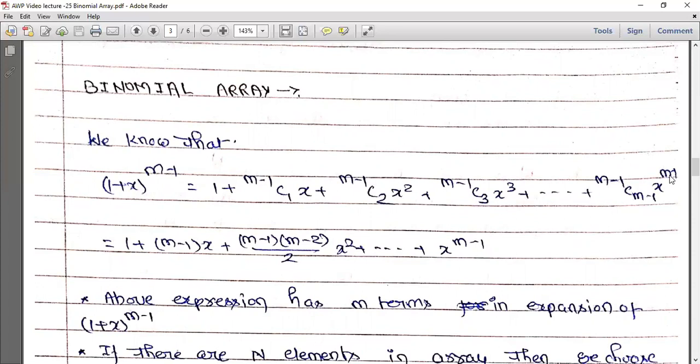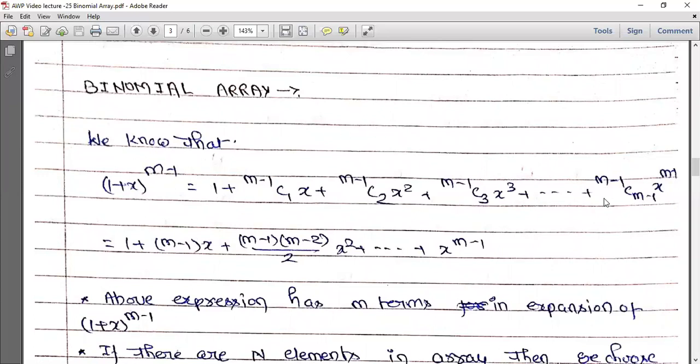I hope you know very well that in the expansion of 1 plus x to the power m minus 1, there are total m terms. If power is m, there will be m plus 1 terms. If power is m minus 1, there will be m terms. And we are going to assign these coefficients.